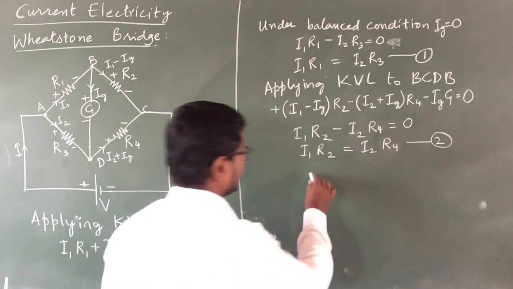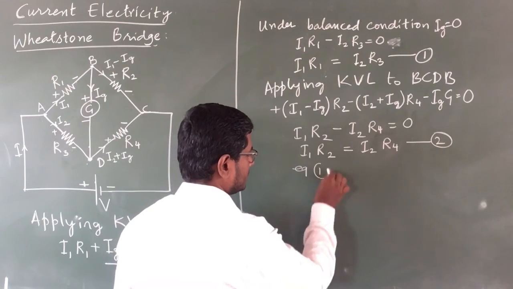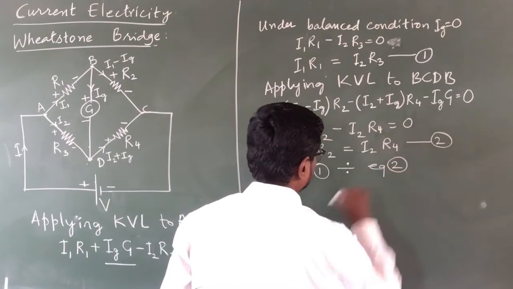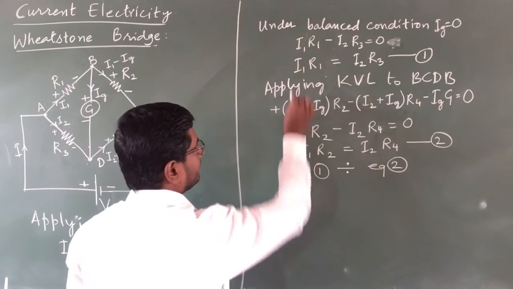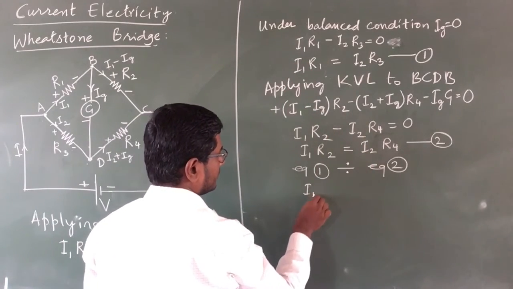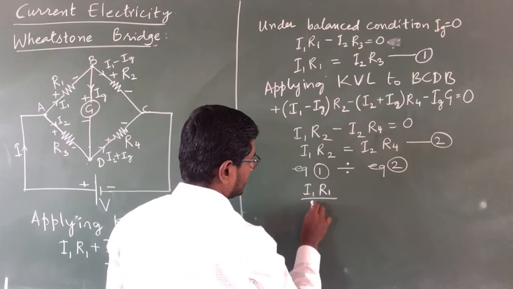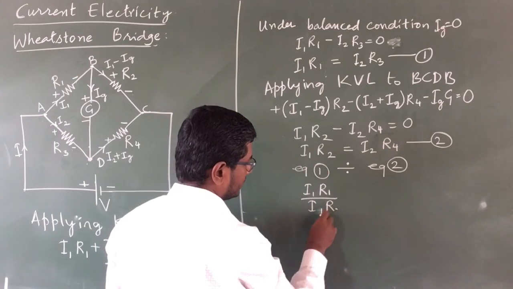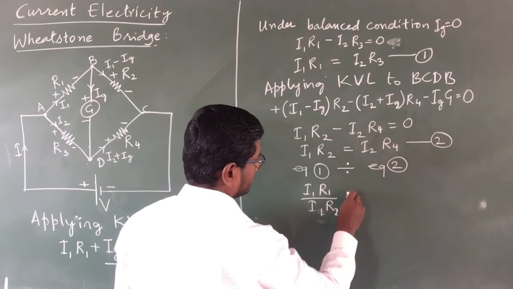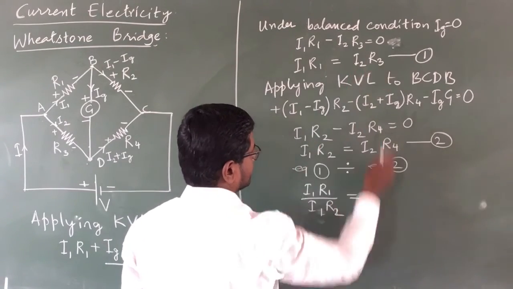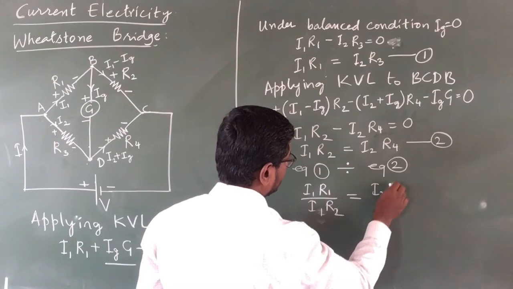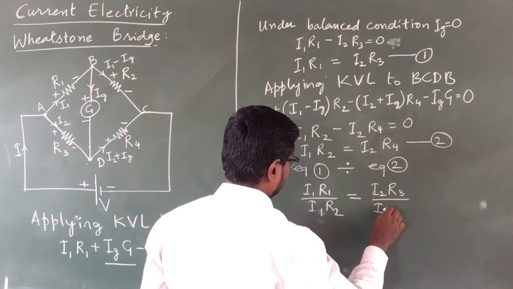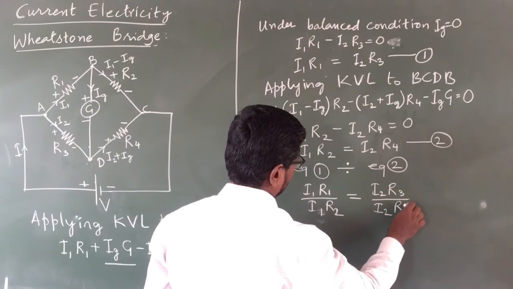Now what I can do here is equation 1 divided by equation 2. If I do that, it will be I1 R1 divided by I1 R2 equals, on the right hand side, I2 R3 divided by I2 R4.